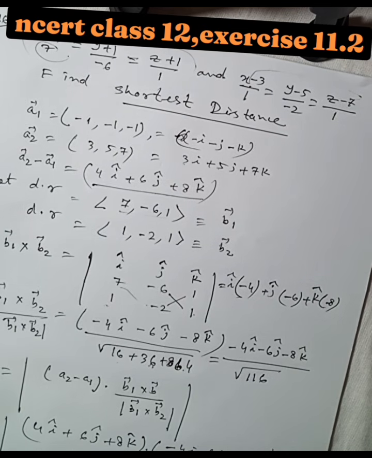Now we multiply: 16 + 36 + 64 gives 116. We drop the negative sign because shortest distance is always positive.